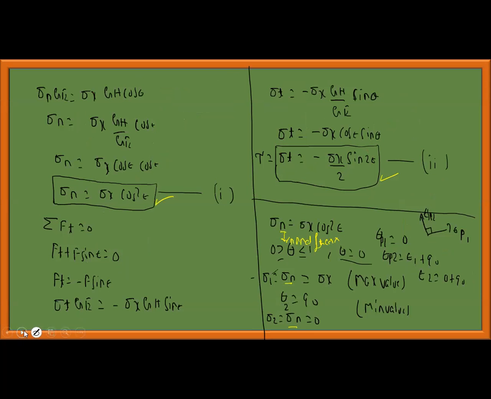After resolving it, I want to find on what planes, or at what angle, these normal stresses are maximum. I got the normal stress in terms of sigma x and theta.